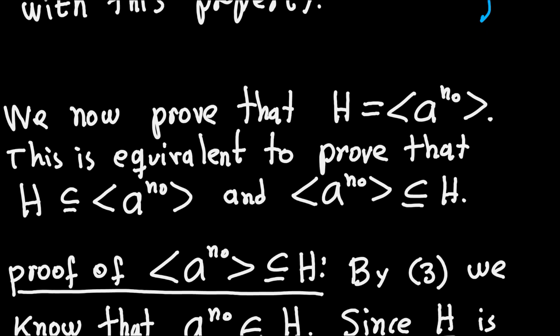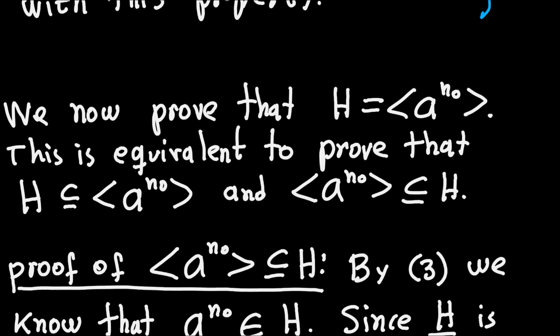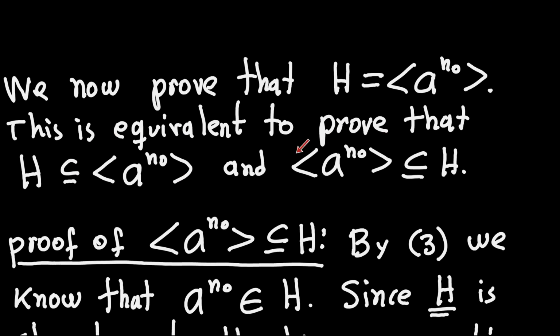Now, proving that these two things are equal, because these are sets, we have to prove two inclusions. We have to prove that H is included in this set and the other way around. We have to prove that this set here, the one generated by a to the n naught, is included in H.